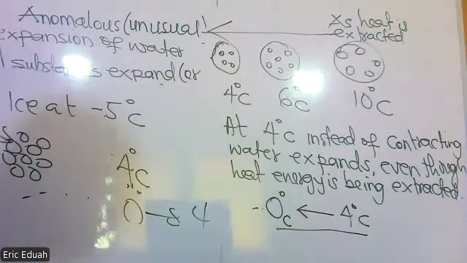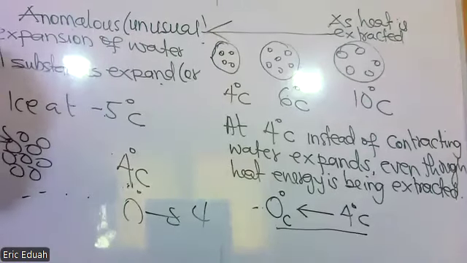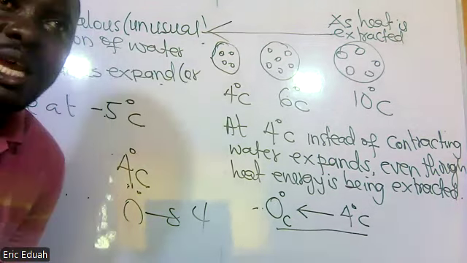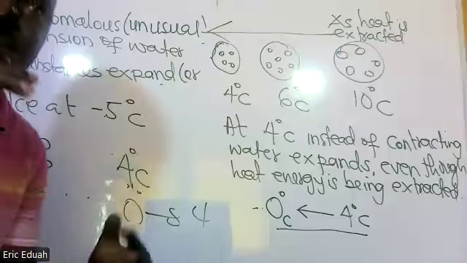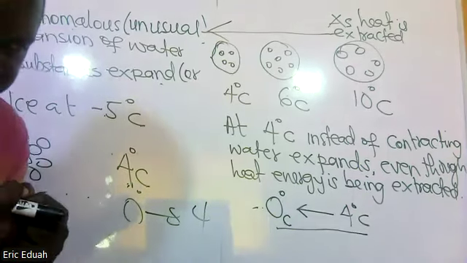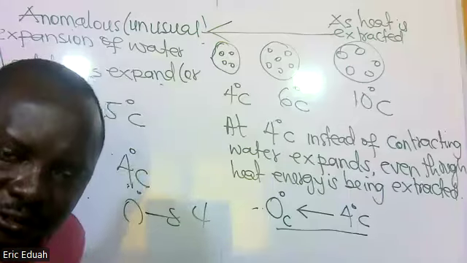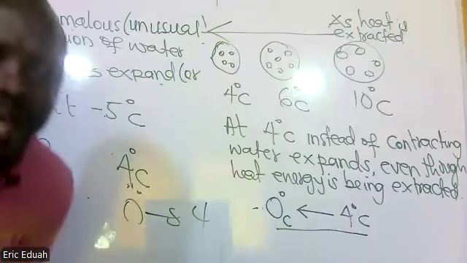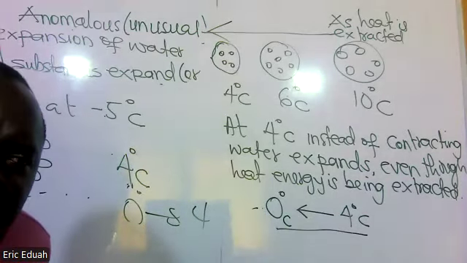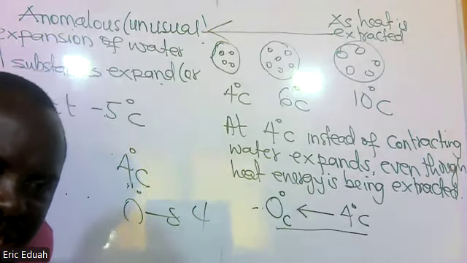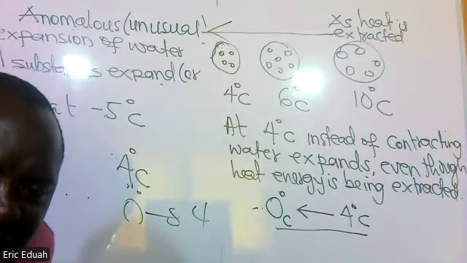Now, you see, this anomalous expansion of water is practically the reason why when water is put in a freezer and is frozen, when it changes state from water to ice, its volume increases even to the extent that it can break the glass, whatever the ice is in.